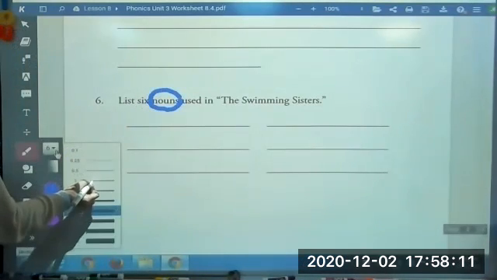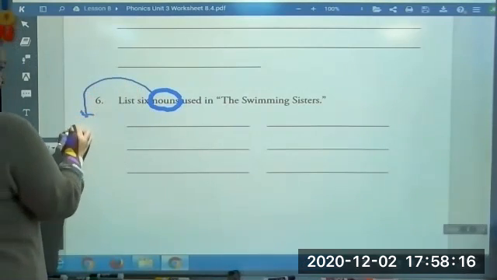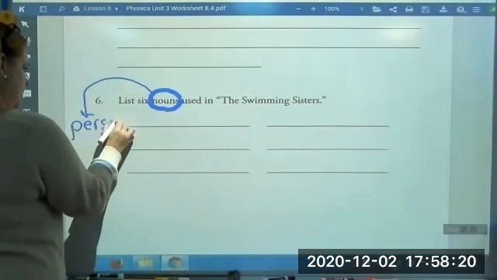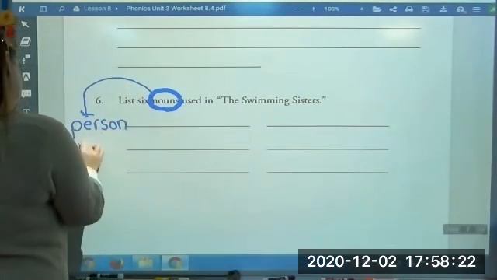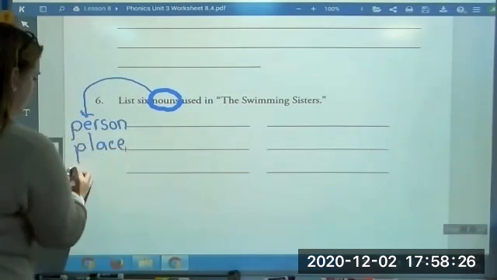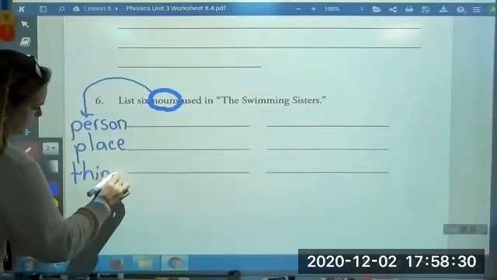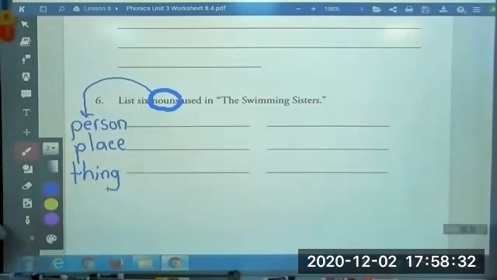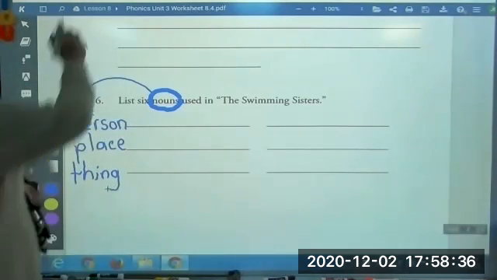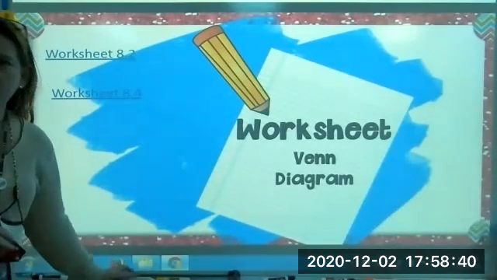A noun is a person, a place, or a thing. Okay? Person, place, or thing. You're going to name 6 of them on these lines. All right, I know those 3 sheets seem like a lot, but they'll go by really fast because they're pretty simple.